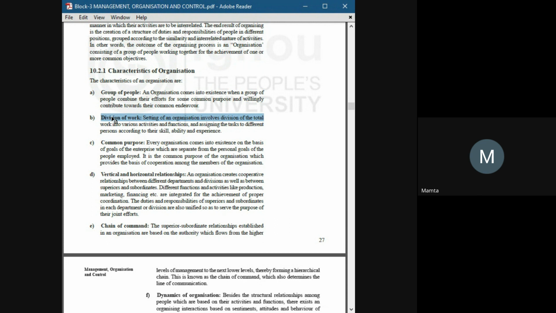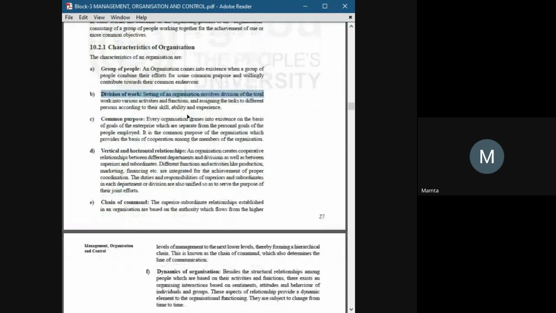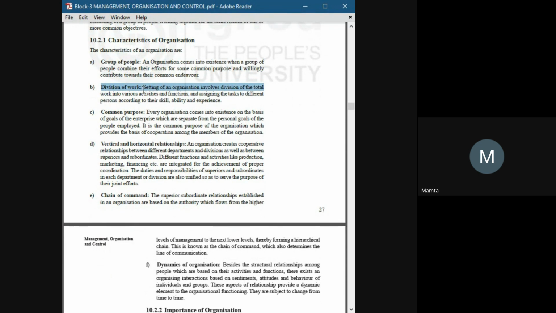Division of work. Our goal is to make a profit of 5 million. It is our long-term goal. To make it happen, we need to divide the work for achieving that goal. So here is the division of work.